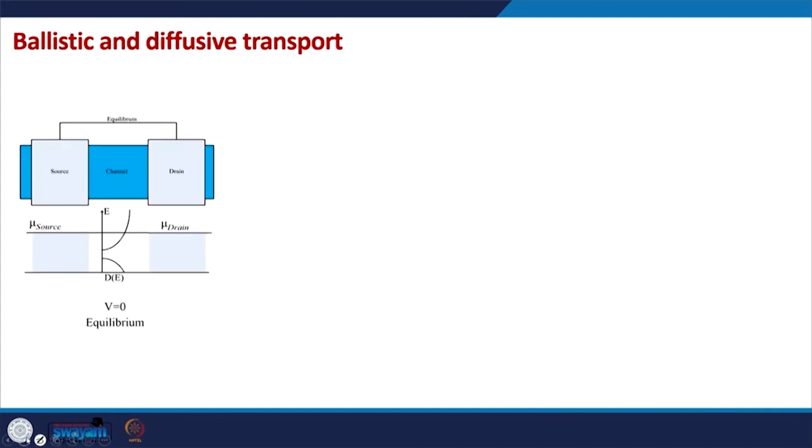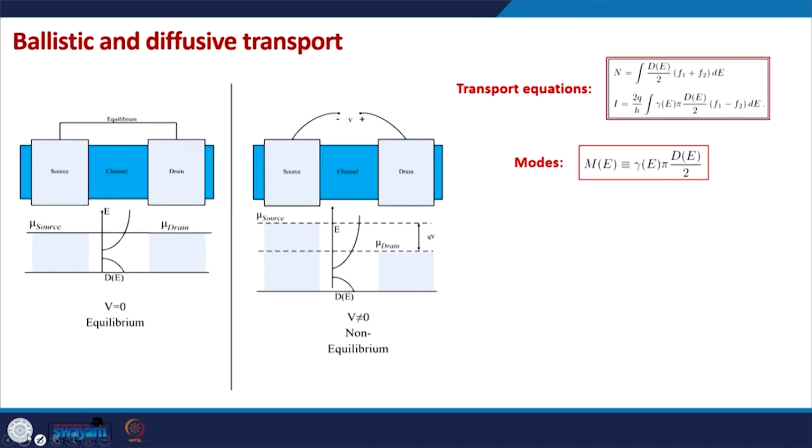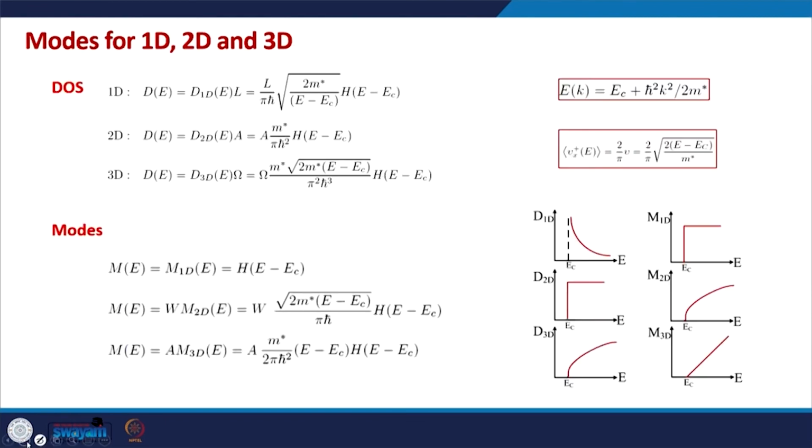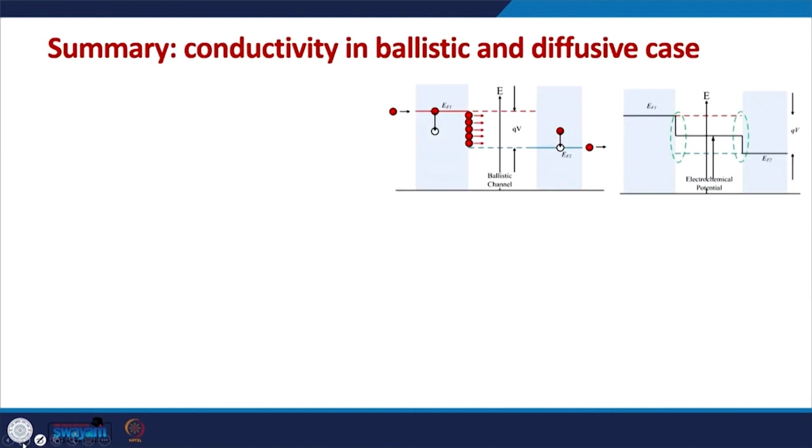So, this general model of transport will give us the expression for the IV characteristics, the conductance, the number of modes, which is essentially the conduction pathways, both in the ballistic case and in the diffusive case. We will discuss the idea of modes in detail.